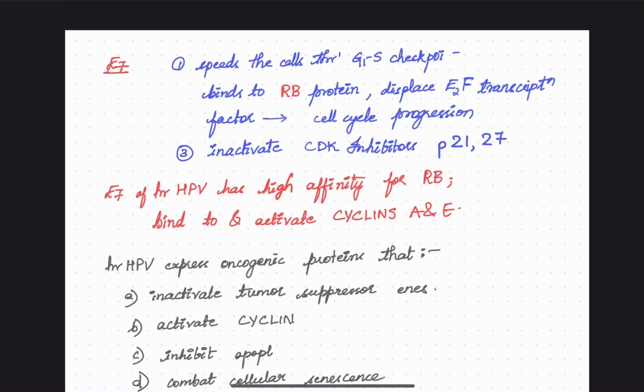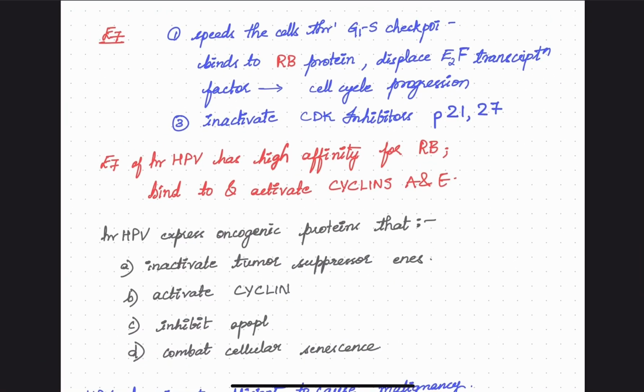And E7 has two functions. Firstly, it speeds the cell cycle through the G1/S checkpoint. That means the damaged cells easily escape this checkpoint and enter the cell cycle.